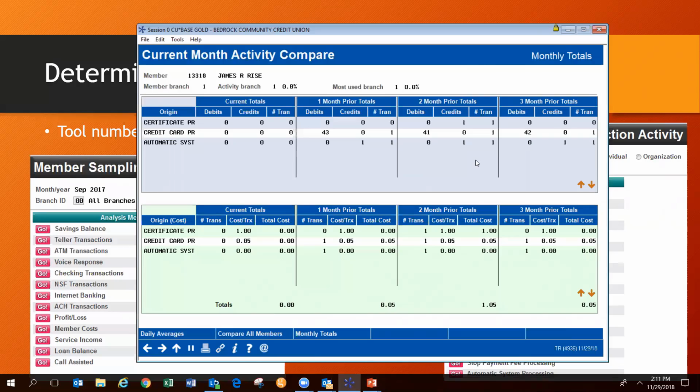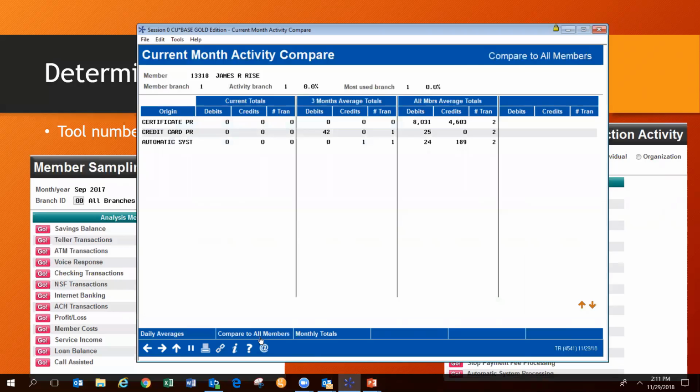And what this screen is showing you is the total debits and credits and the number of transactions for each origin. What a lot of credit unions miss when they get into this screen is, let's compare this screen to all members. Now when we start to compare it to all members, what you're going to see here are the averages for each one of those origins.